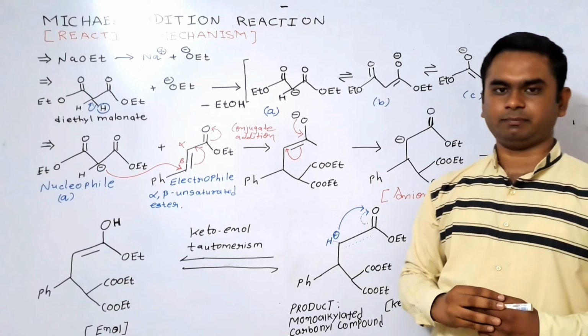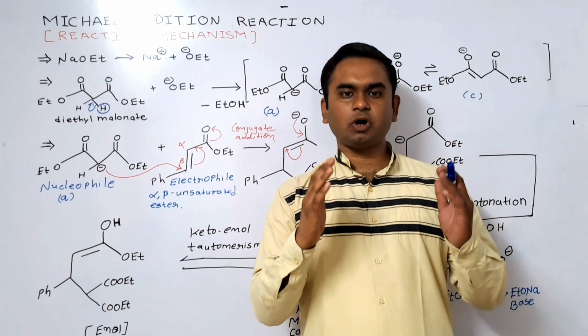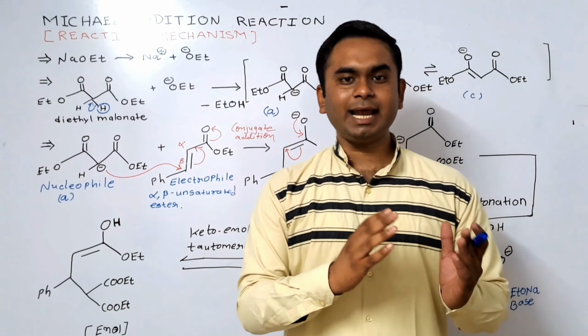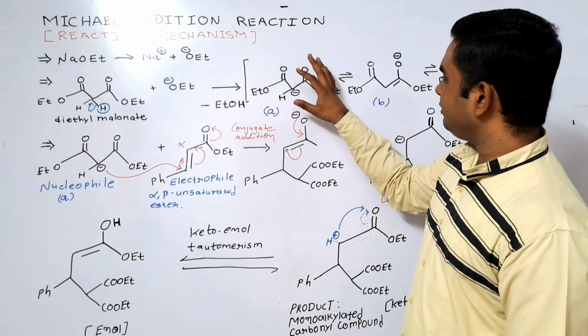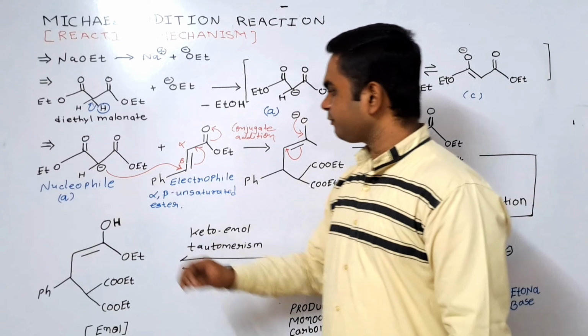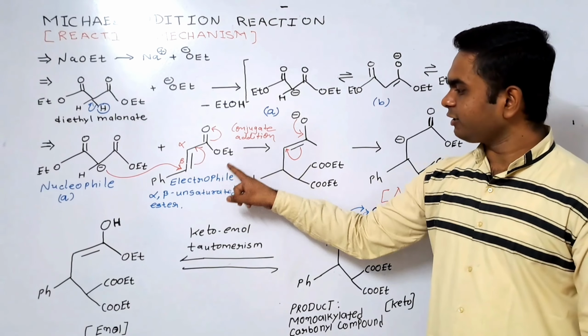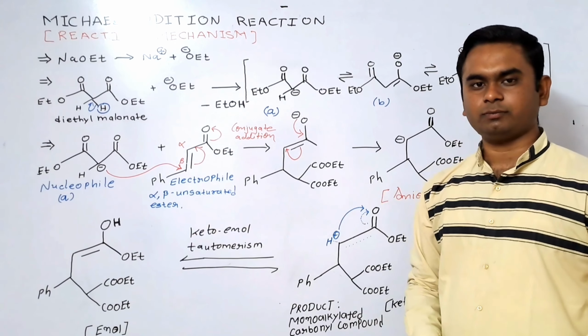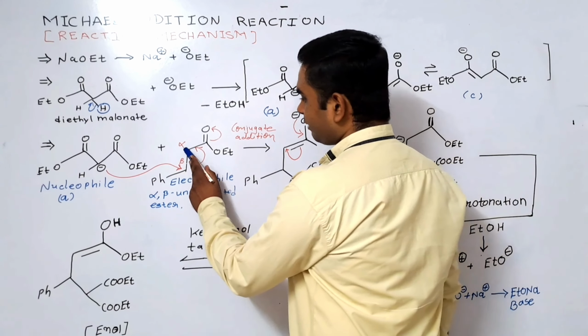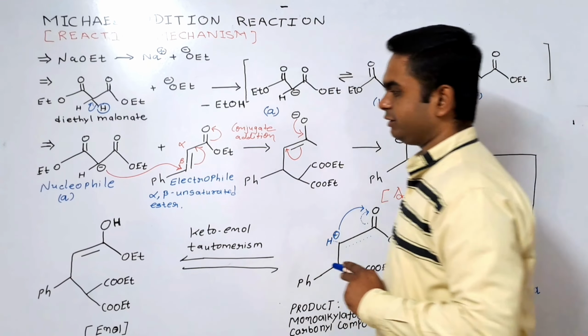Now the third step. The third step is the conjugate addition of electrophile and nucleophile. Here we take this structure of the nucleophile and it is our electrophile, the alpha-beta unsaturated ester compound. It is an alpha carbon and it is a beta carbon.